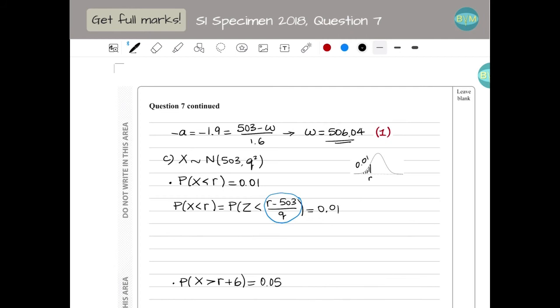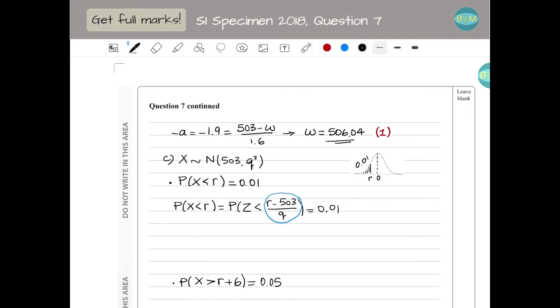This value is on the left, because half of the graph has 0.5, so anything smaller than 0.5 is on the left of this value. In this case, this is 0 because I've already standardized my normal distribution. So that means that r is negative. Anything on the left is negative.